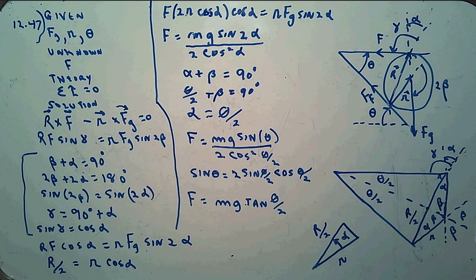Really, this problem comes down to using the geometry to reduce things basically down to trigonometric functions that involve only the angle theta and/or theta over 2. I've broken this picture up into triangles, where this total angle from here to here is broken up into 2 identical triangles, each with an apex angle of theta over 2.